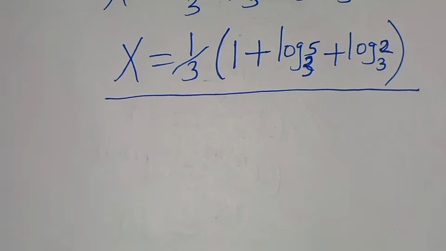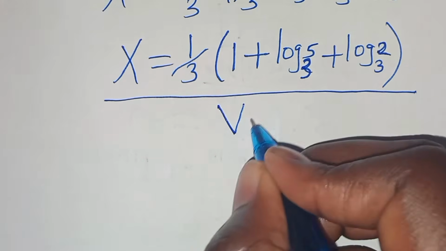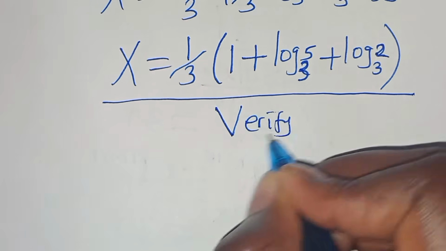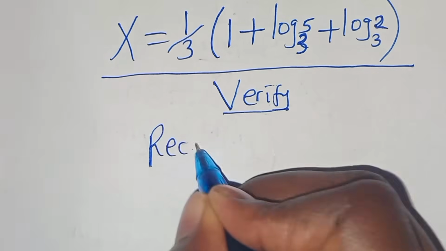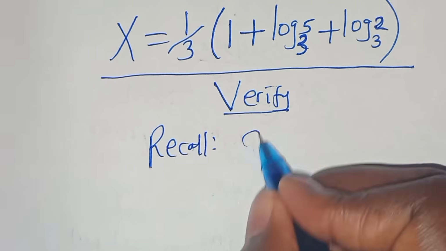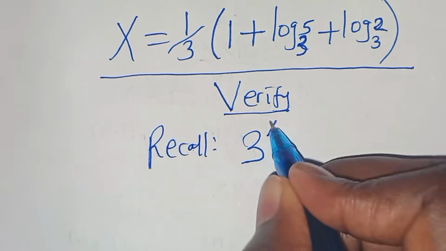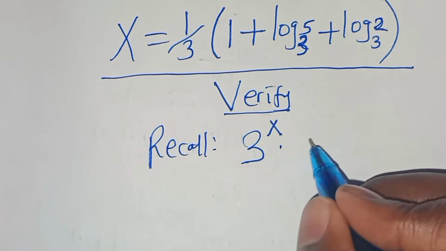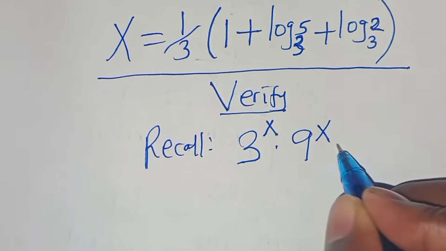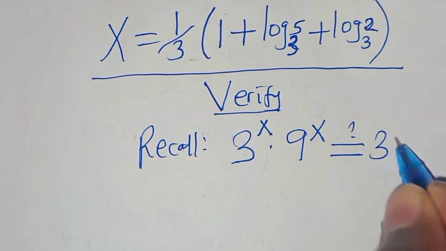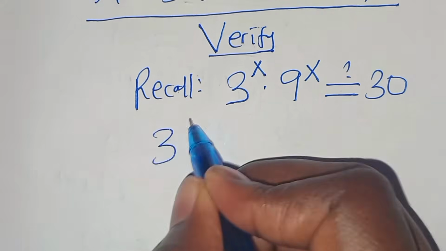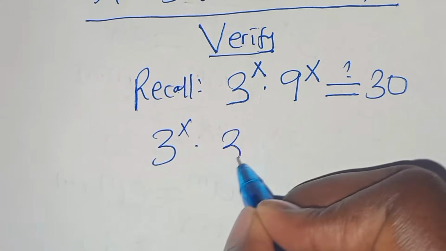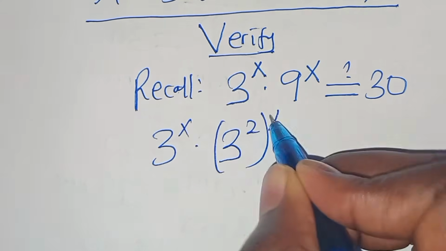The next step is to verify that this value of x satisfies the equation. Now, if you recall, we ended at 3 to the power of x multiplied by 9 to the power of x. This is supposed to give us a value of 30. So we have 3 to the power of x times 9, which is the same thing as 3 to the power of 2, raised to the power of x.